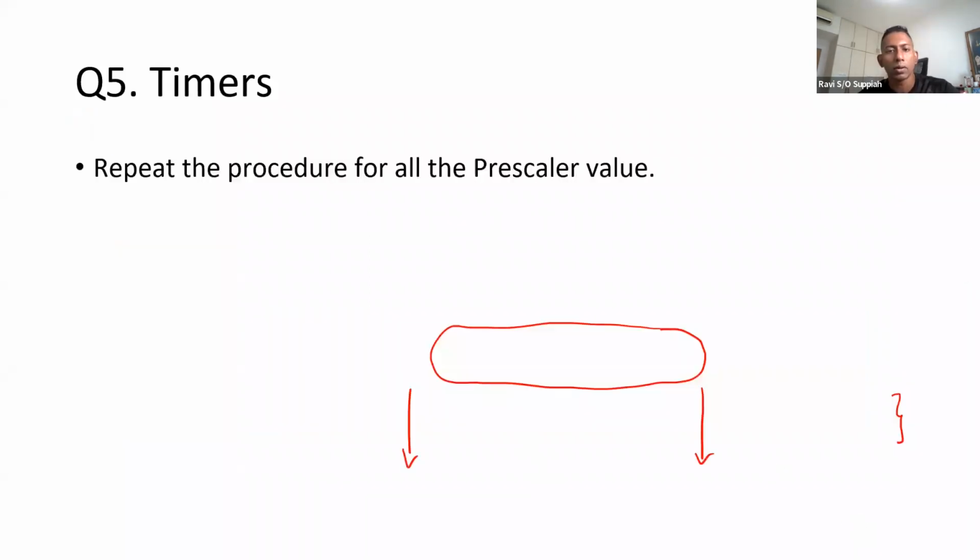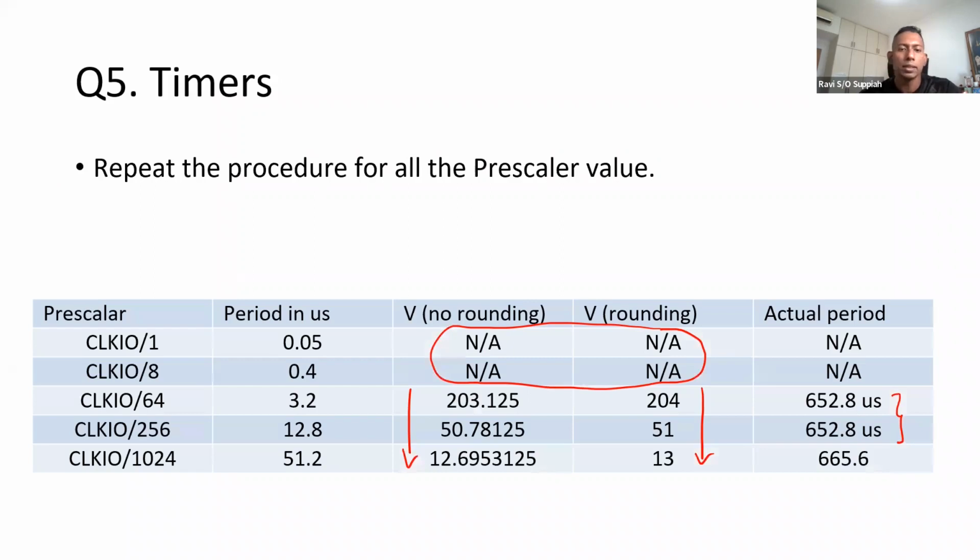Okay, so the period here is basically the period of the counting interval, between one increment and the next. But when we look at the final rounding value that we choose and the actual period that we get, both of them give us the same final answer.